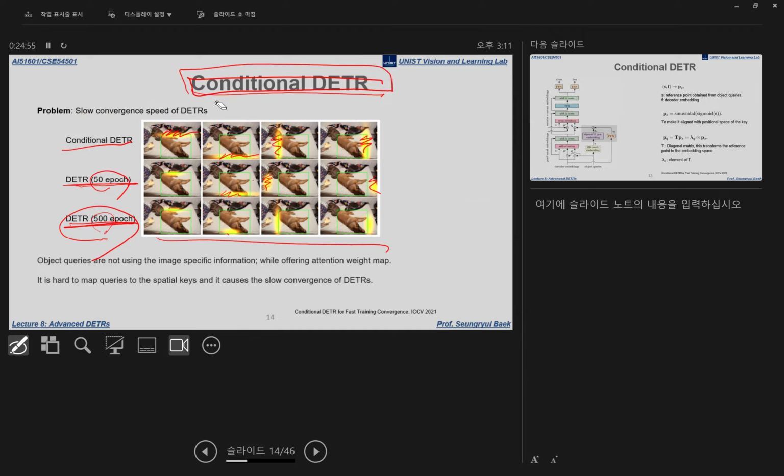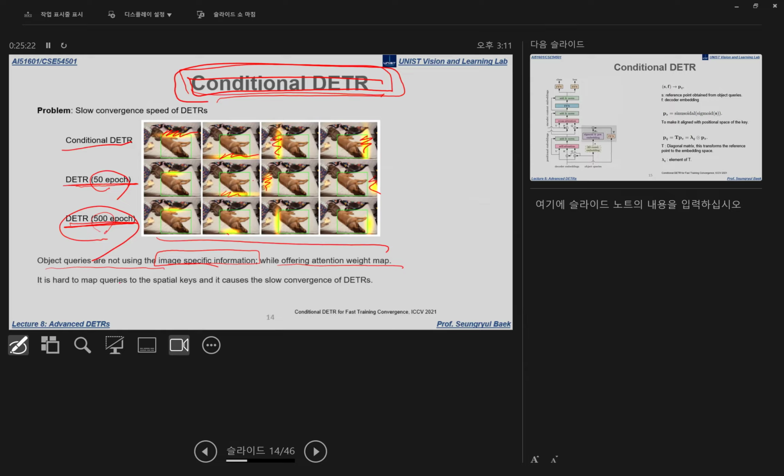So this Conditional DETR is also saying that they can accelerate the training of the DETR by explicitly giving some spatial meaning to the object query. Okay, so object queries are not using any image-specific information, offering only an attention weight map, in the previous DETR.